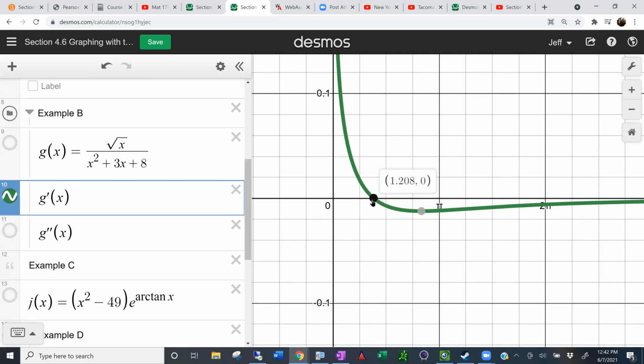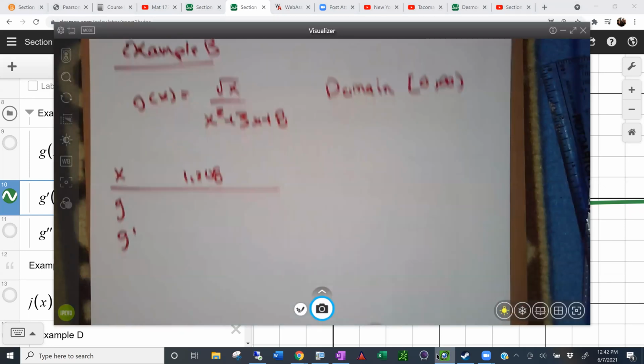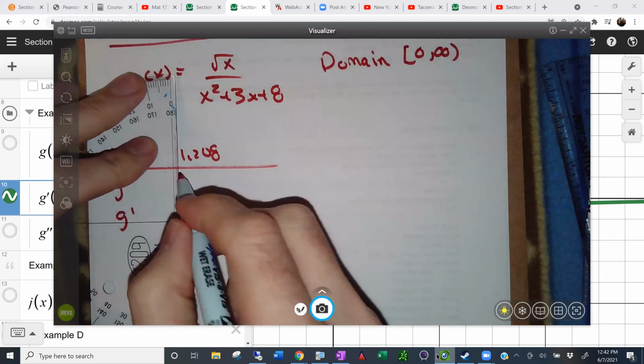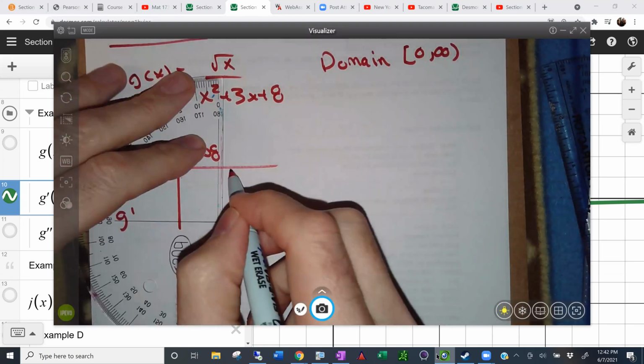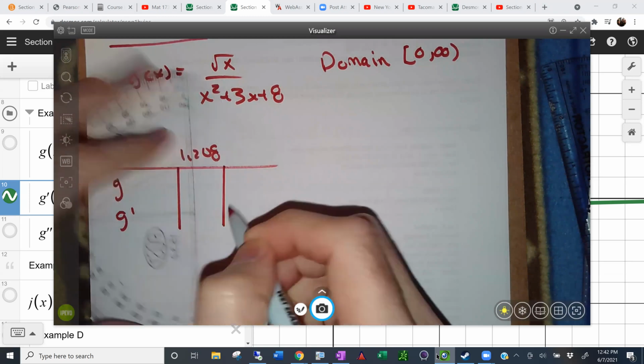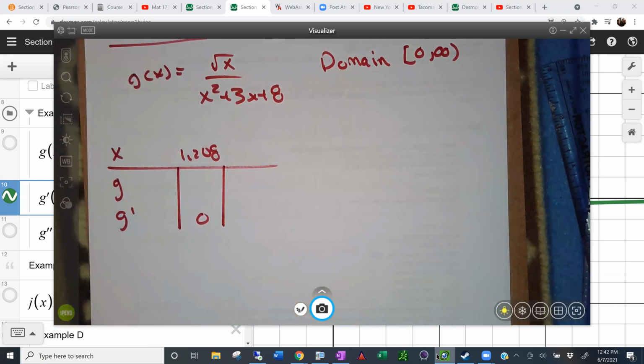So I'll do x, g, and g prime. So 1.208. And all I'm doing is I'm making a nice little table like this. The derivative crosses the x-axis here, so that's fine.